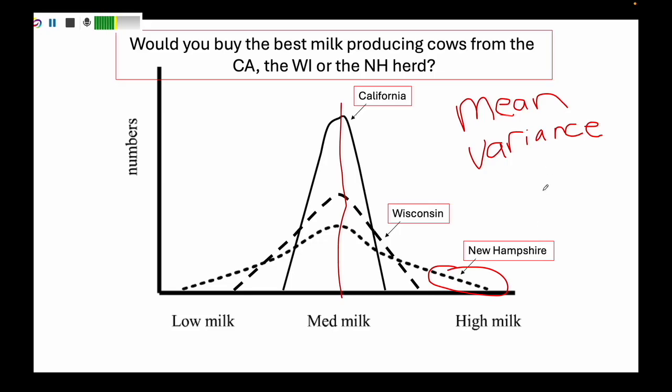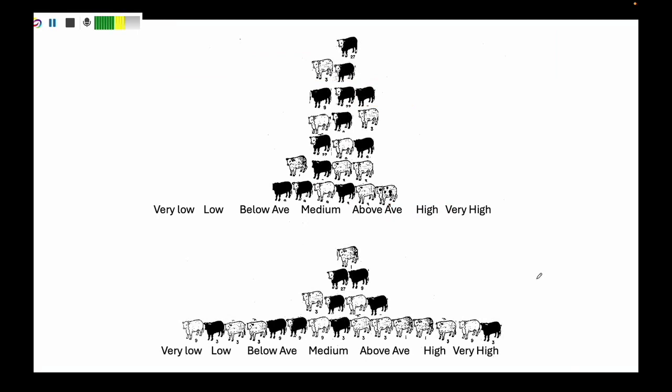So if we're interested in genetic improvement, then you want to have variation. And so it seems like the New Hampshire breed or individuals would be the best choice. But there's more thinking that one needs to do to be confident in your decision.